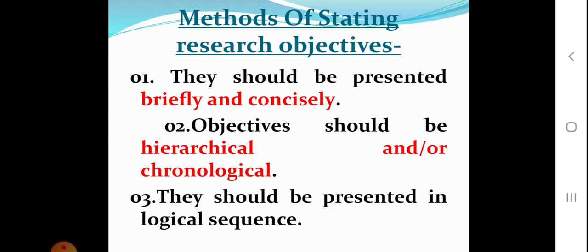Now we will discuss methods of stating research objectives. Dear students, there are a number of research guidelines that are evergreen. They don't change and are vital for the success of any research study.